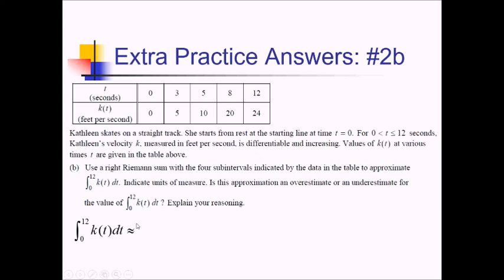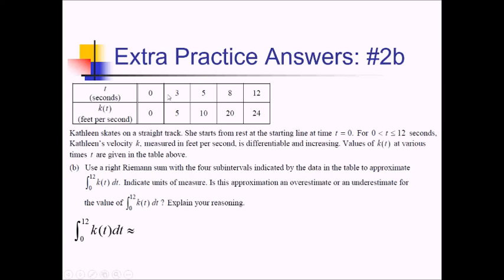They want us to approximate in a specific way using a right Riemann sum. So I'm going to have 4 rectangle areas that I'm adding together, 4 base times height areas. For the first interval, I have a rectangle going from 0 to 3, so that's a base of 3, times a height of, well, it's a right Riemann sum, so I'm supposed to use the height at the right endpoint of each rectangle.